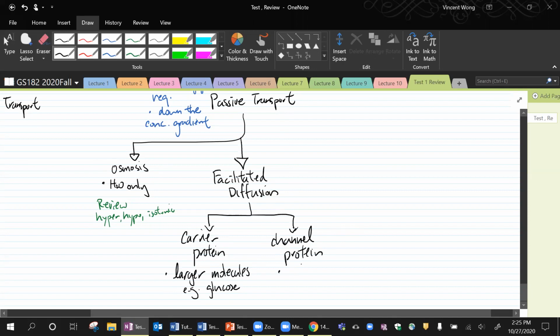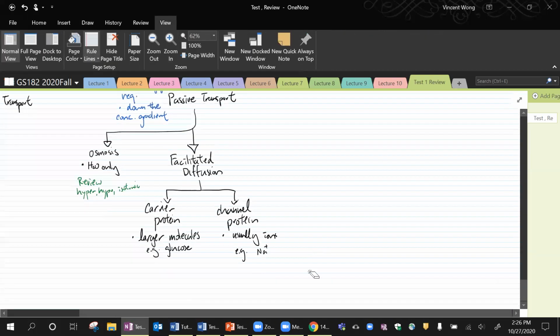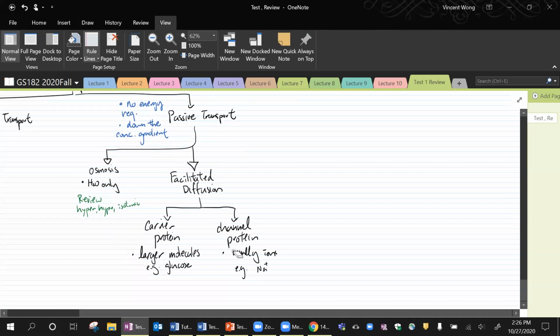Whereas channel proteins are usually used to transport ions, for example Na+. They cannot get through because they're charged, so you would require a channel protein.